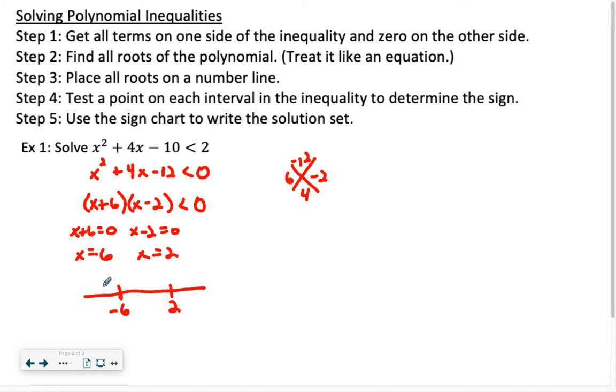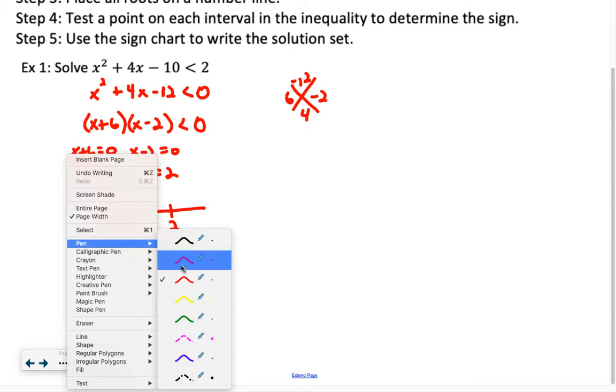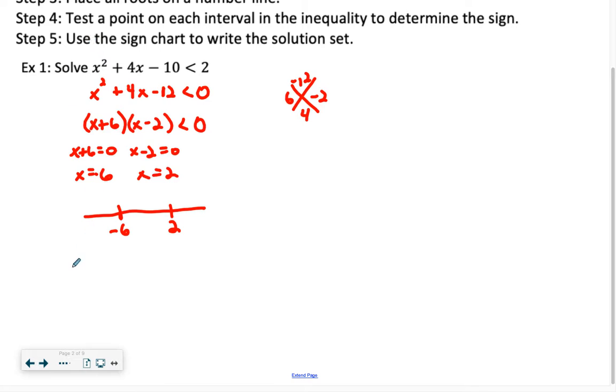So let's plug in negative 7. Let me write this out, in a different color. So here we'll have negative 7 plus 6 times negative 7 minus 2.